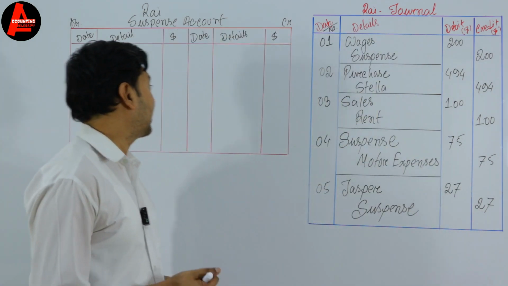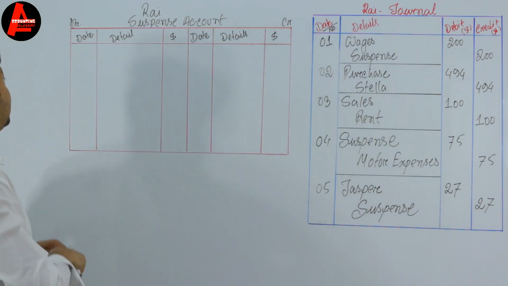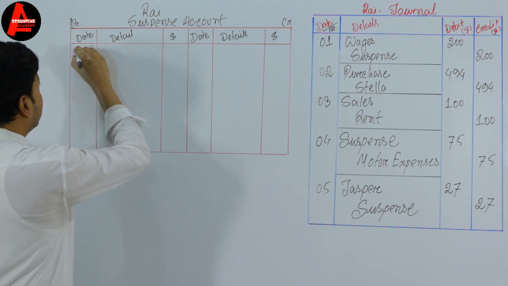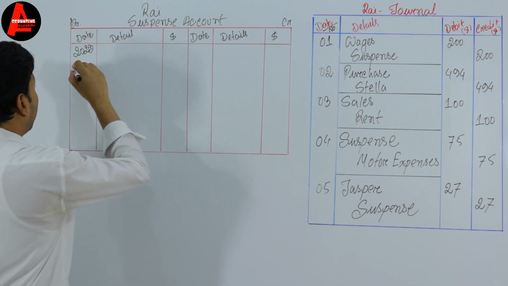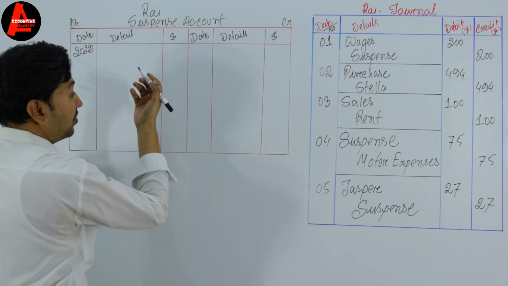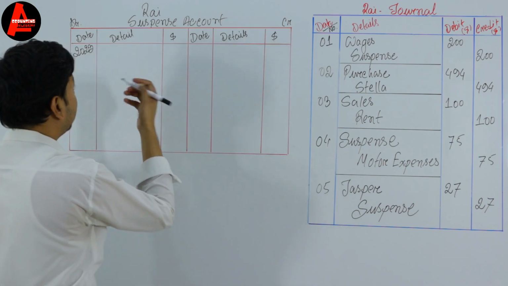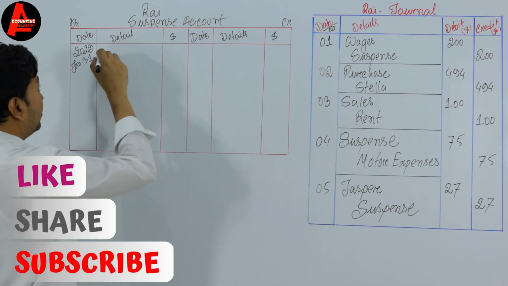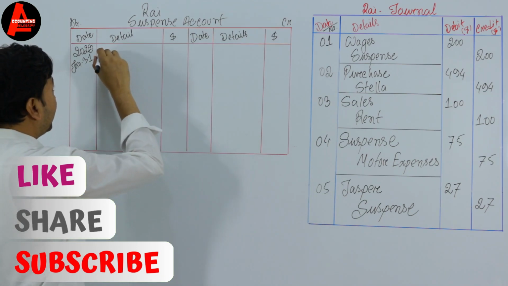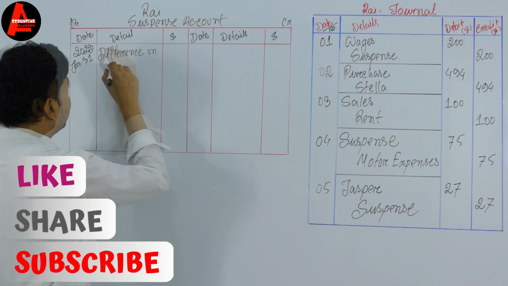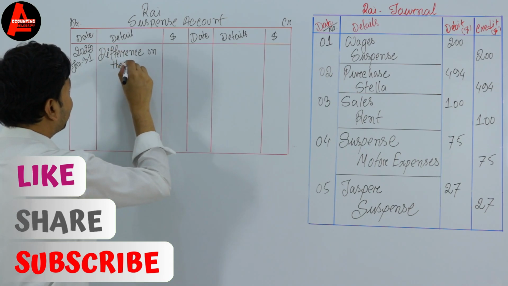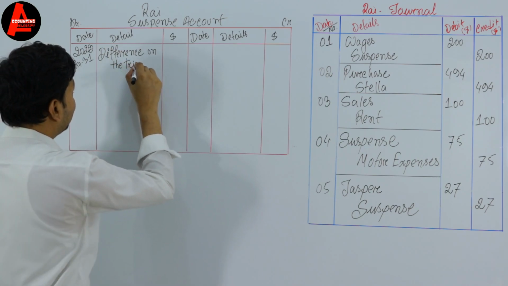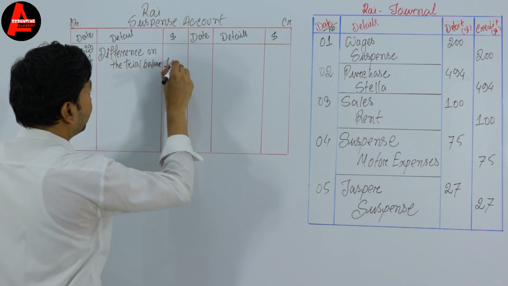The date is given in the question, 2023, and we will prepare this account for the month of January 31st. So we will write here: difference on the trial balance. Here it is $152.